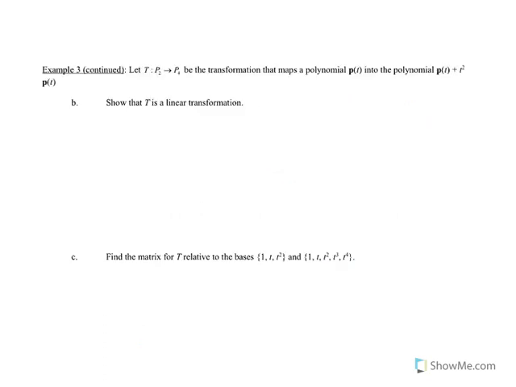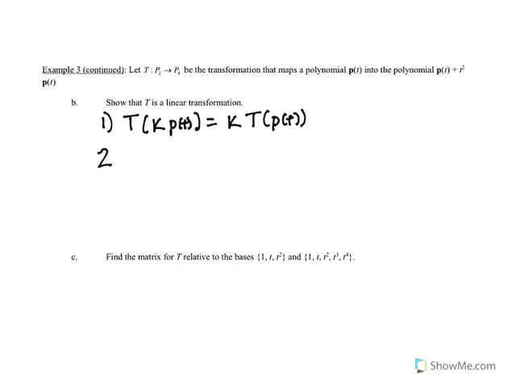Ooh, a review. Okay, I'm going to leave this one for the field notes so that these notes are not too long. Remember, in order to show something is a linear transformation, you need to show two things. One, you need to show that the transformation of a constant times the vector is equal to the constant times the transformed vector.